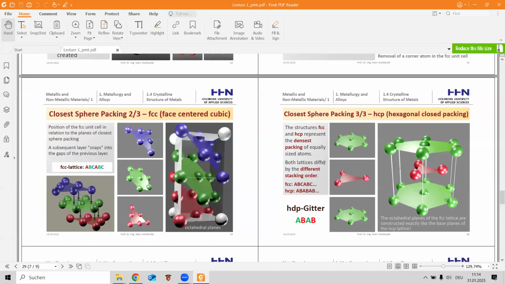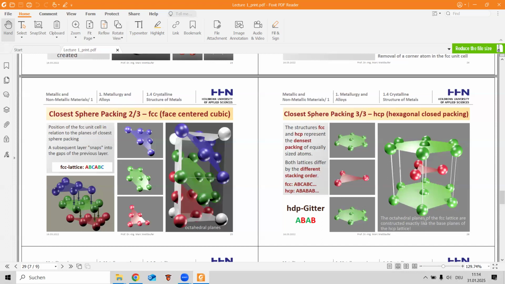Both lattices differ by the stacking order. For face-centered cubic it's ABC, ABC, and for hexagonal close packing it's AB, AB, AB, and so on. So in the HCP lattice, hexagonal close packing, we have the AB, AB structure.